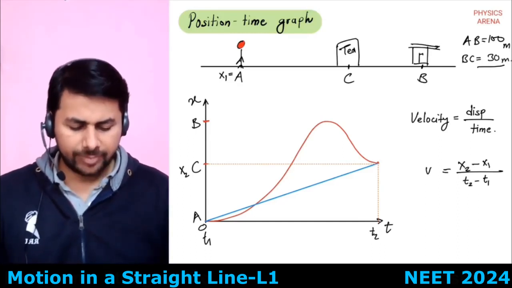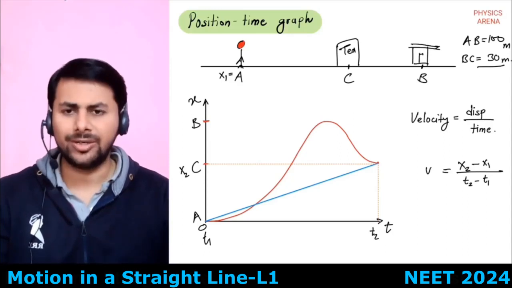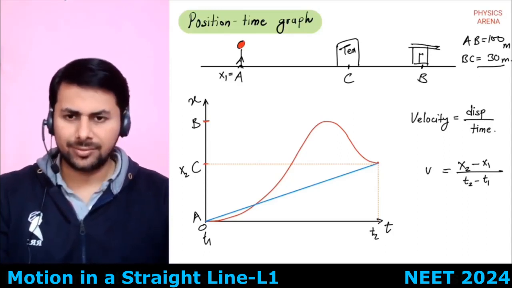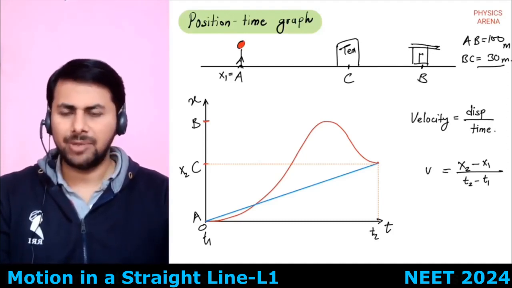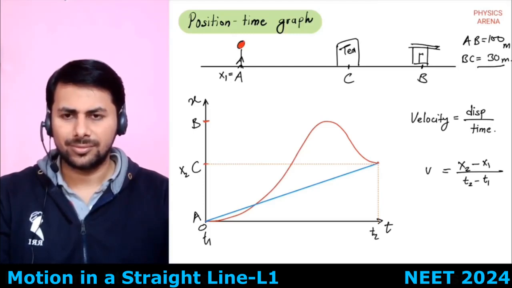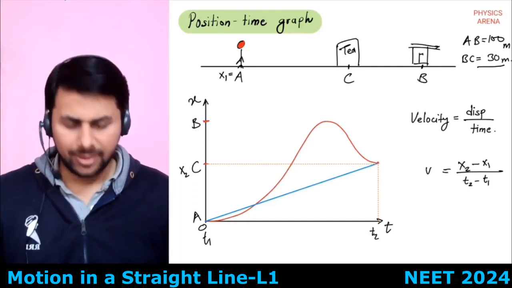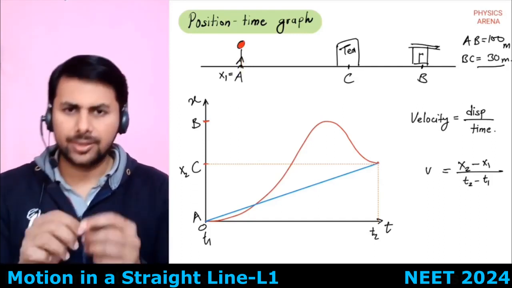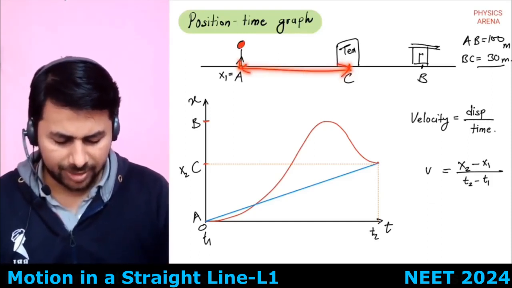So can you tell me what my distance covered and displacement are in this motion? Distance is 130, displacement is 70. So this is straightforward. The shortest distance, that is the length of a line joining start point and end point, is my displacement.